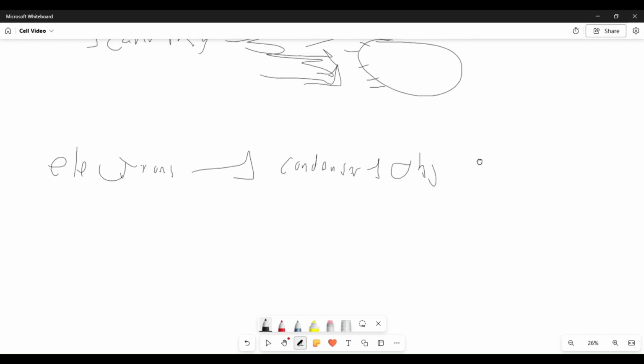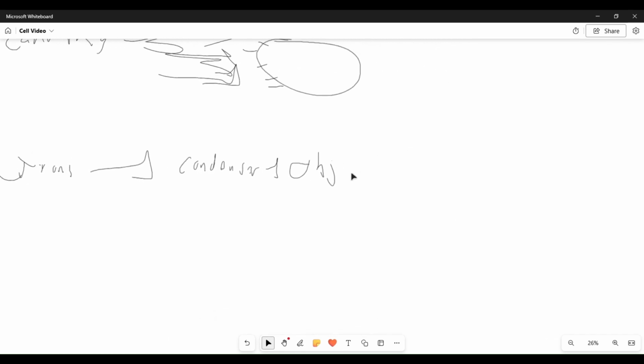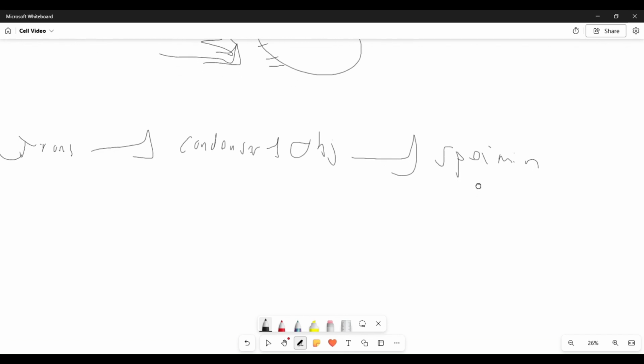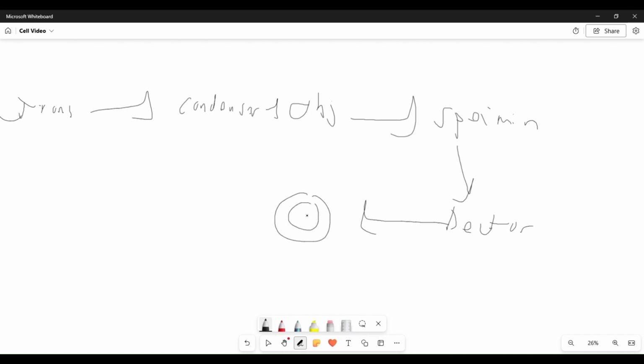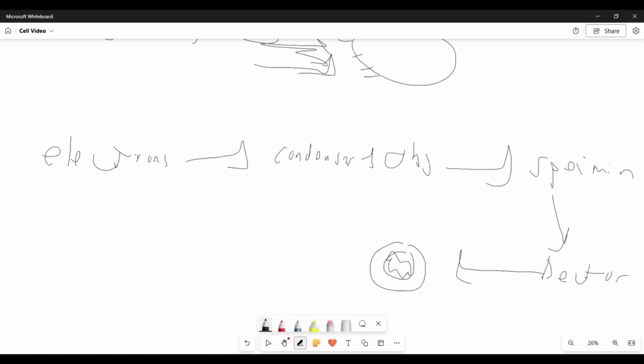Then it moves to the specimen, before then making it to a detector and then to your eye. So that is how an electron microscope works.